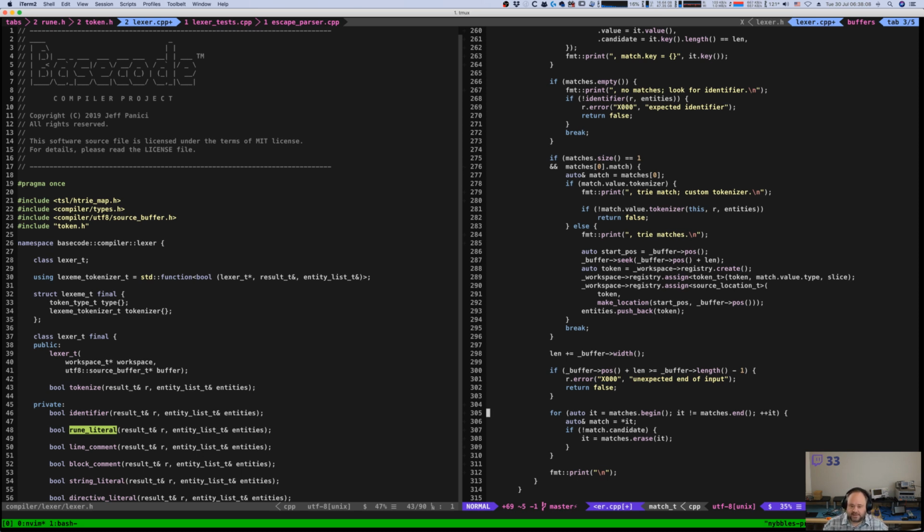wasn't a potential candidate. So what should happen here in the case of colon, colon, colon, colon equal is the first time through that loop, colon colon is not a candidate. Colon is a candidate. And colon equal isn't a candidate. We're going to then take out colon colon and colon equal.